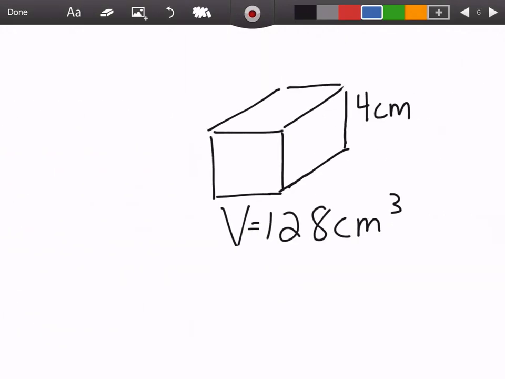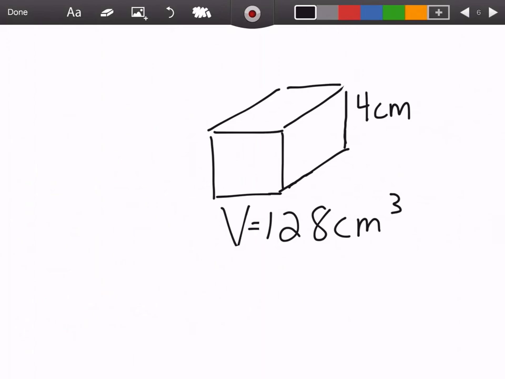Okay, you are going to try this one with me, but I want you to write this down in your notebook as we go through it. One of the ways that you will also sometimes see problems for volume is where they will give you the volume and then they'll give you one of the dimensions or two of the dimensions, and you have to find the last piece.